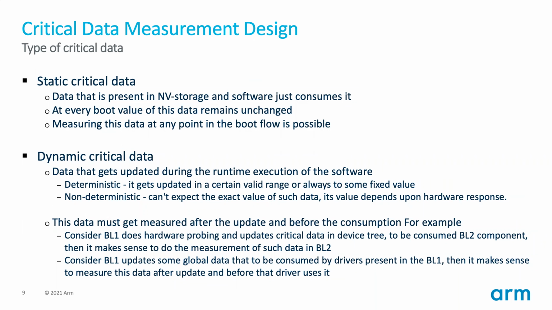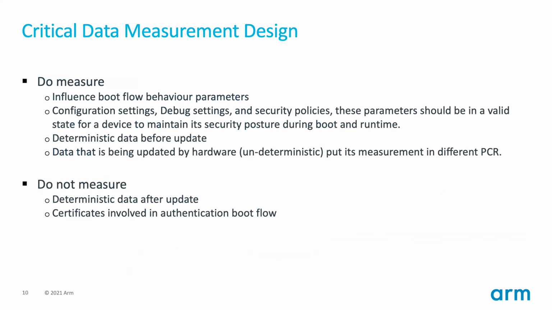But if BL1 updates that global data and consumes it itself, then BL1 can measure just after the update. So basically, only after update, measure that data. And what kind of data we should measure.